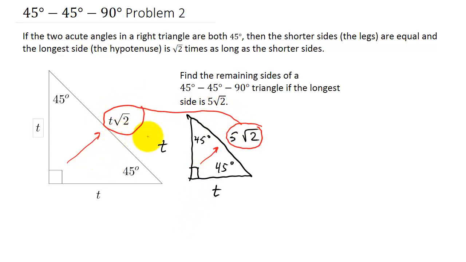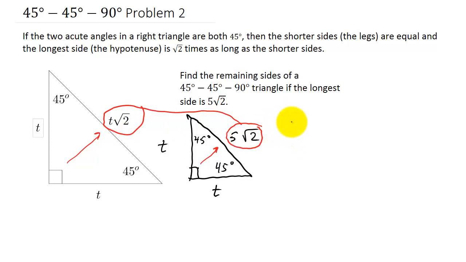So all I need to do is set these equal to each other, and then I can solve for T. But I'm sure you can see that we've got a square root of 2, we've got a square root of 2, and then T is just 5. But let's go ahead and set them equal to each other and solve, because sometimes we may not have a square root of 2 every time.